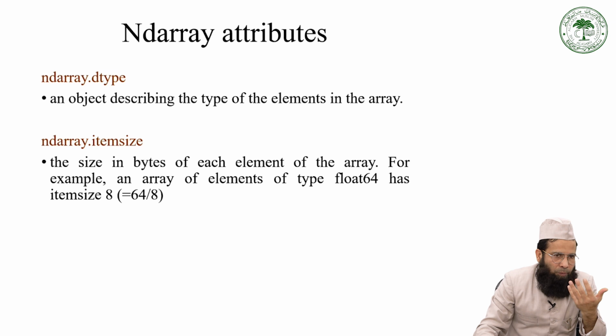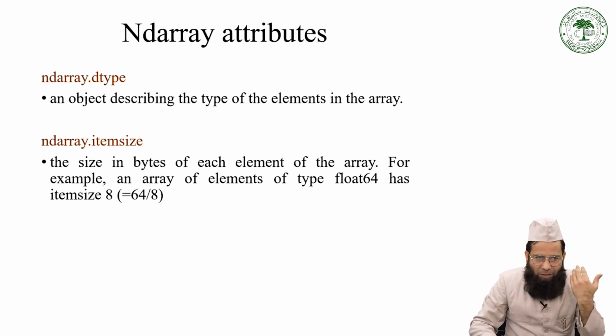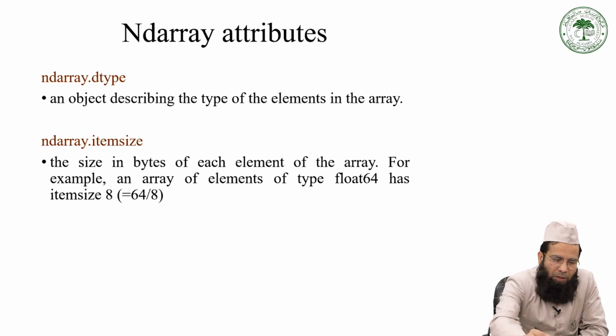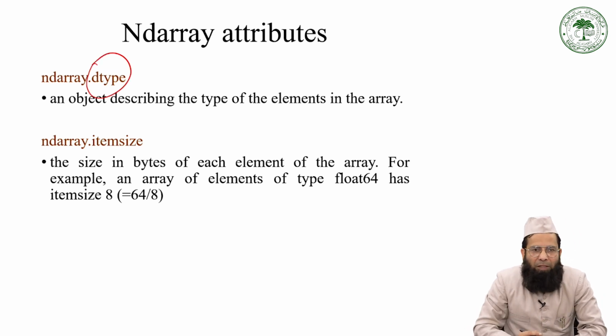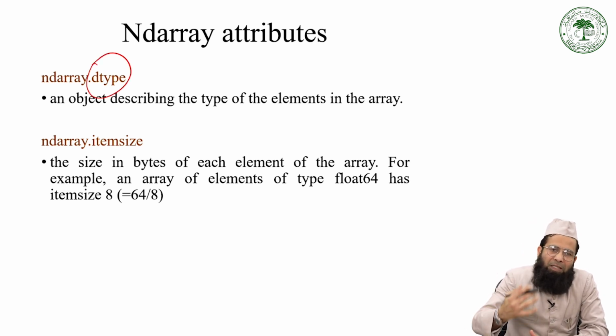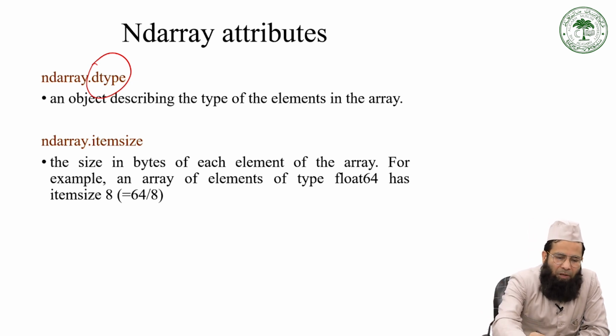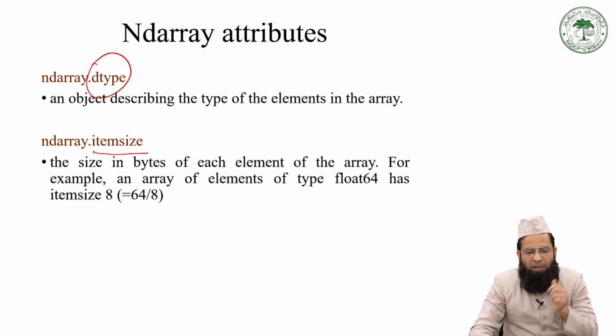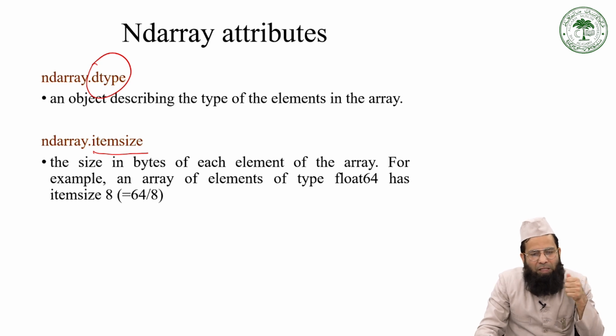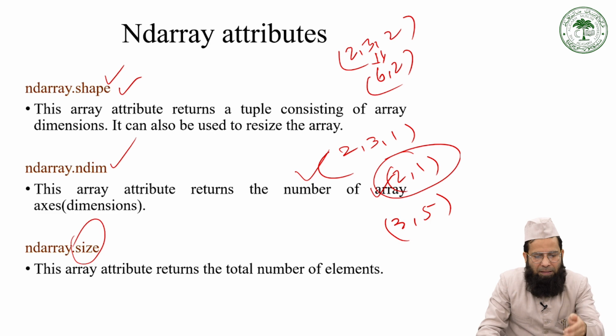Now, if you want to display the type of data in your NumPy array, you can use the dtype attribute. It would describe the type of the elements in your array. Similarly, you have itemsize. It means the size in bytes of each element of the array. There is a difference between itemsize and size.